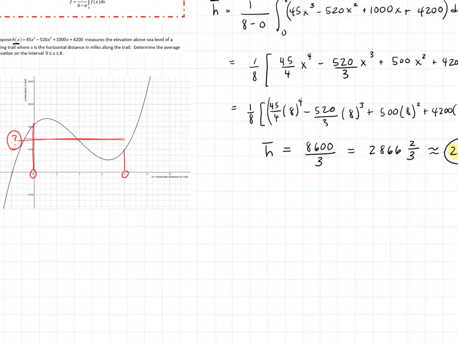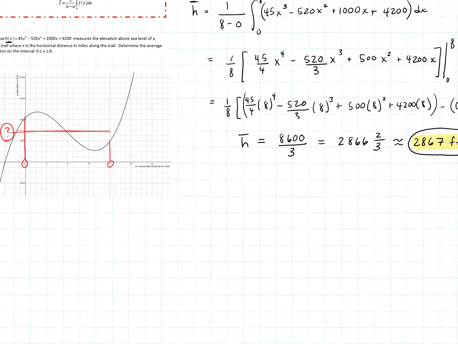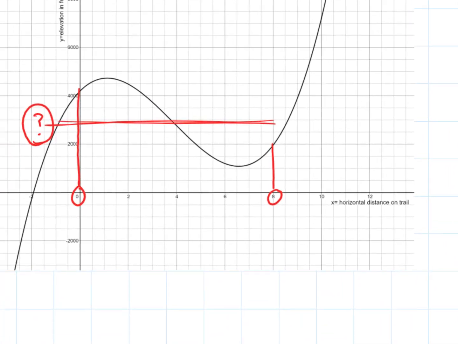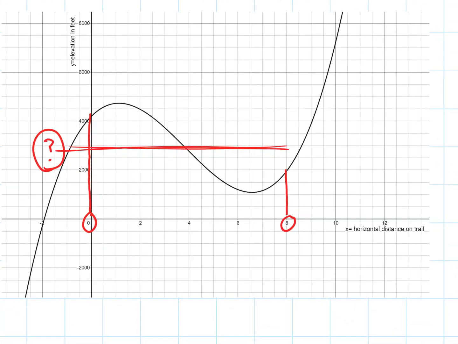If we come back to where we were looking, we're a little bit below 3,000. Coming back to the visual in the graph, where is that? Right about there. We were pretty close. 2,867 was the average value h bar of this function, and that looks about right.